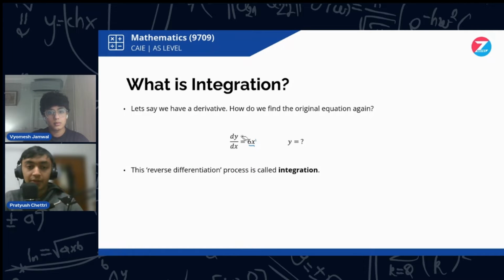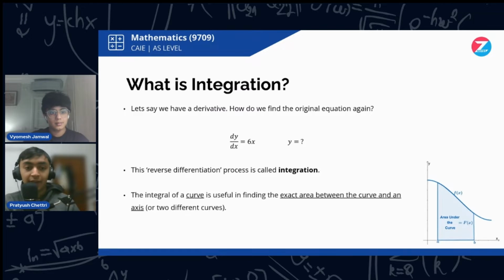The reverse of differentiation is called integration. You'll hear a lot of different names like antiderivative, stuff like that. Why do we want to do this? Well, it's useful for finding the area under a curve, and the exact area, not just an approximation by counting boxes.